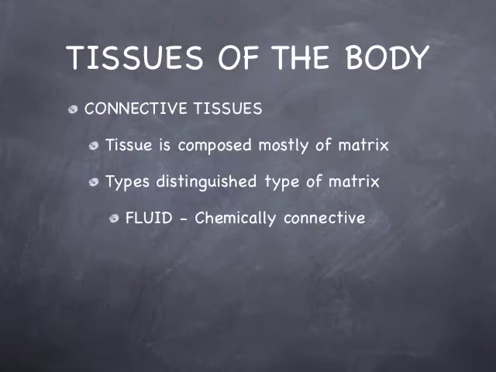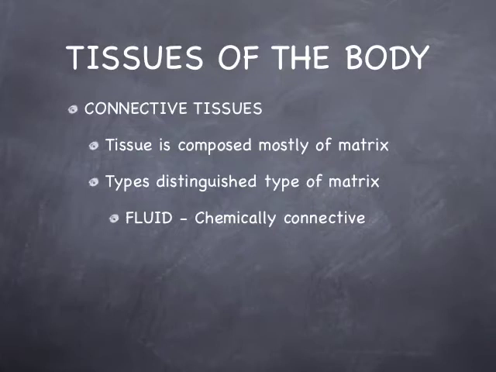And I like to think that blood chemically connects you. It's the one tissue that touches every cell in the human body. Blood contains the resources that allow cells to survive. How does a cell deep in your body get oxygen? How does it get nutrients? How does it get rid of its waste products?